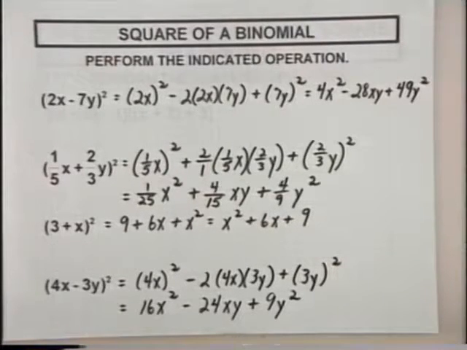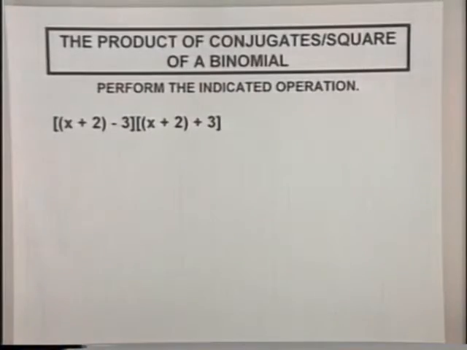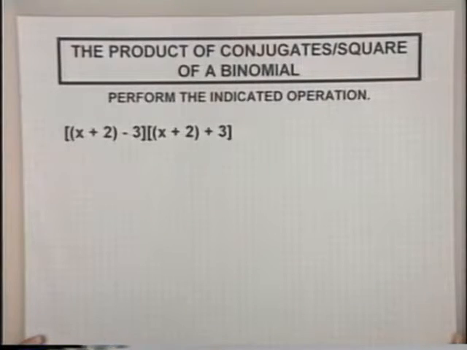I would like to complete this tape by finding the product of a conjugate that involves squaring a binomial. Perform the indicated operation. What is the indicated operation?